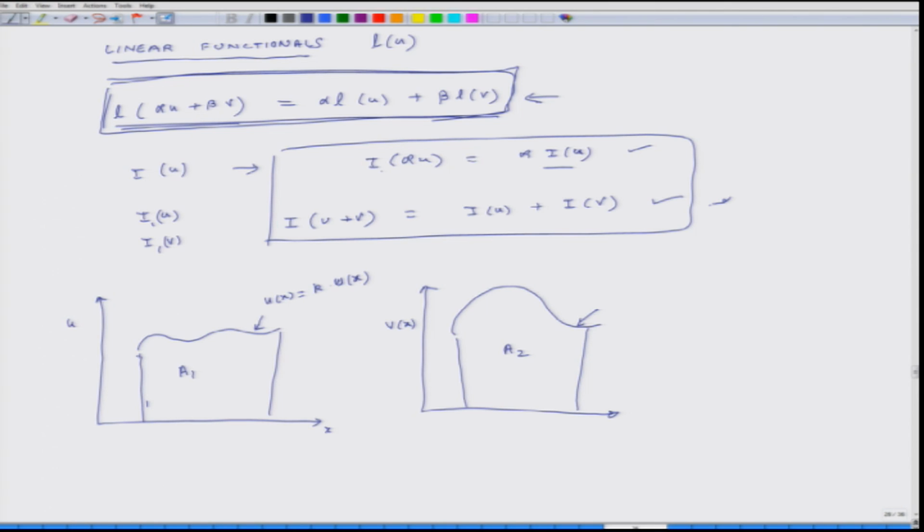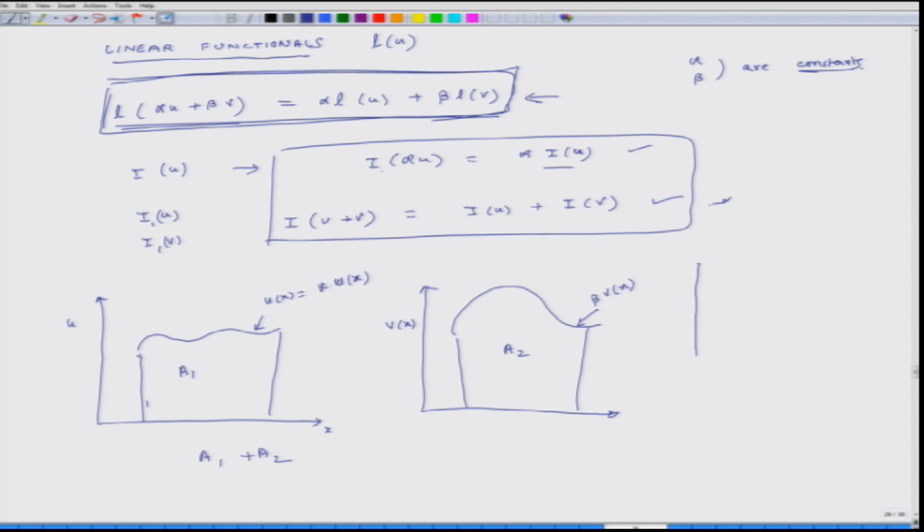Instead of k I will use alpha, because I have used alpha here. So this is beta times another function v. Alpha and beta are constants.